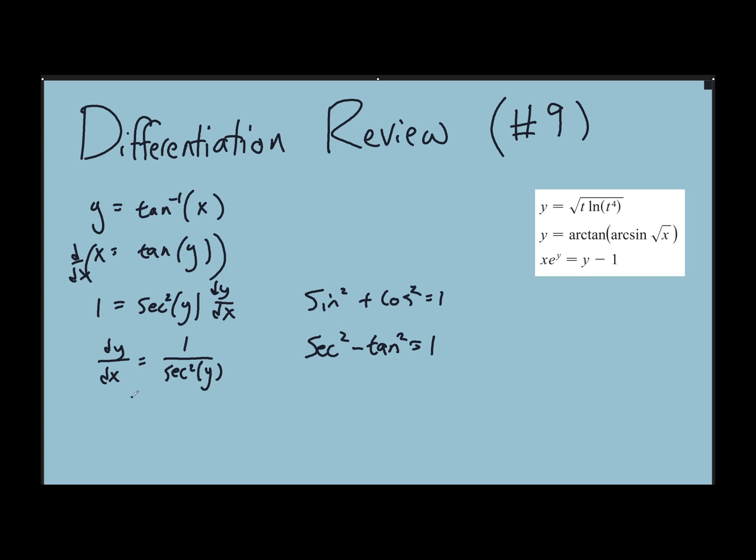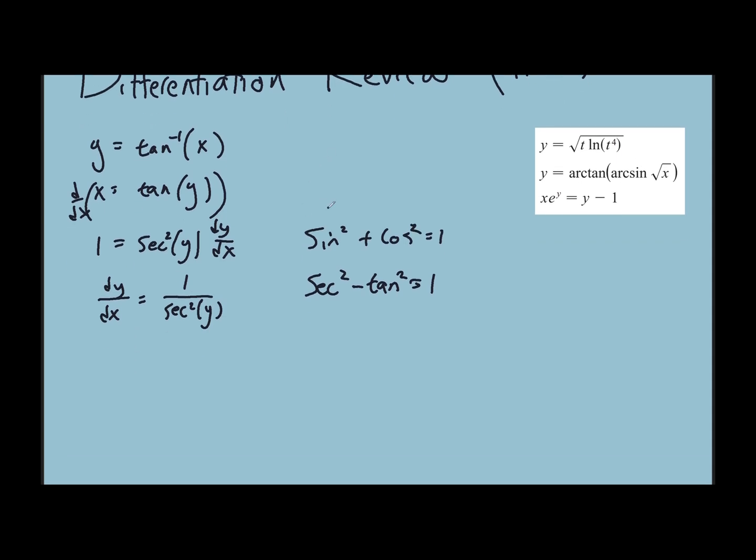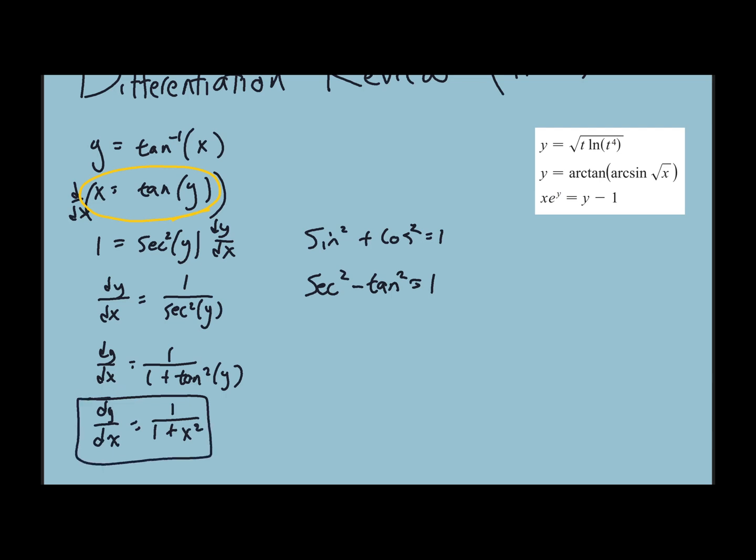So I can rewrite this as dy dx equals 1 over 1 plus tangent squared of y. Why would I bother to do that? Why would I take the time to rewrite that? Because we know that x is equal to tangent of y. So now I can get things into x form, which is what I want, and that's 1 over 1 plus x squared. So now we know the derivative of arctangent.